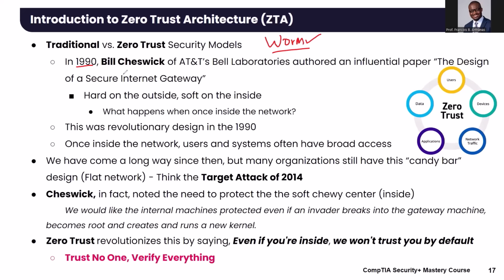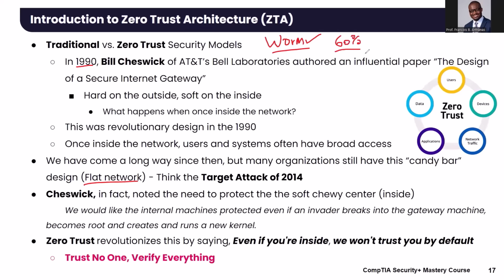Anyway, in the 90s, the entire internet was a flat network, meaning everything was connected to everything else. So this worm got released, and it literally infected 60% of the computers at the time. This is how dangerous this thing was.